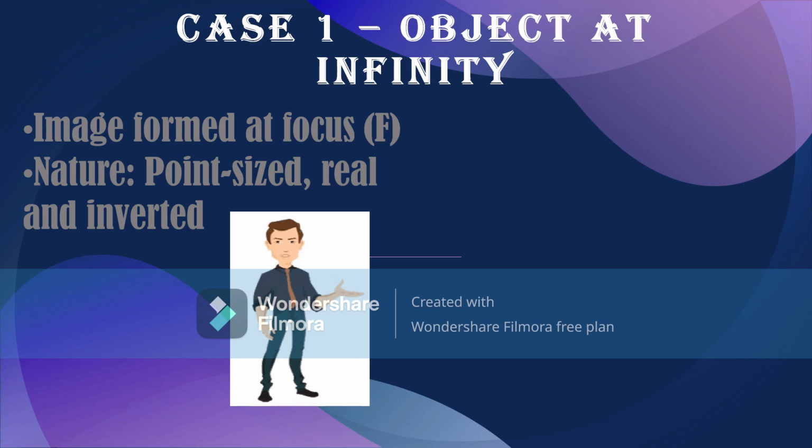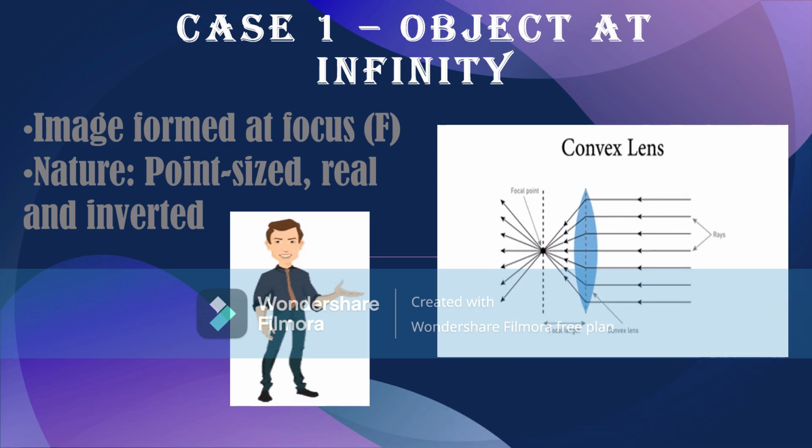When these parallel rays pass through a convex lens, they meet at the focus on the other side. As you can see, the image is always formed real, inverted and highly diminished, almost like a small dot. That's why the sun looks like a small bright spot when passed through a magnifying glass.